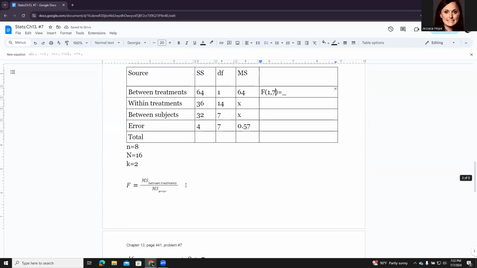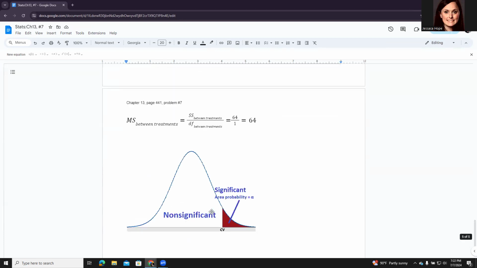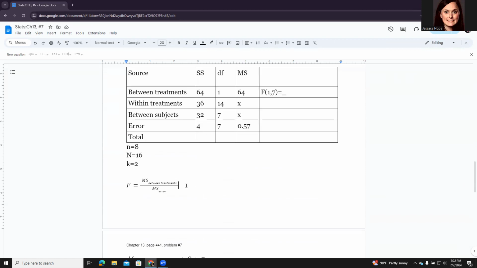And we know that F still needs to be calculated, I think, because we did not do that yet. So F is going to be MS between treatments, which is 64, over MS error, which is 0.57. If you divide 64 by 0.57, you get 112.28.